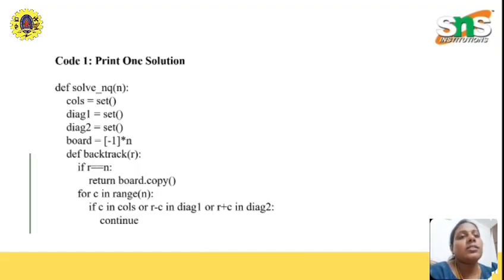We also define the columns set, diagonal 1 and diagonal 2. Each matrix has two diagonals, diagonal 1 and diagonal 2.